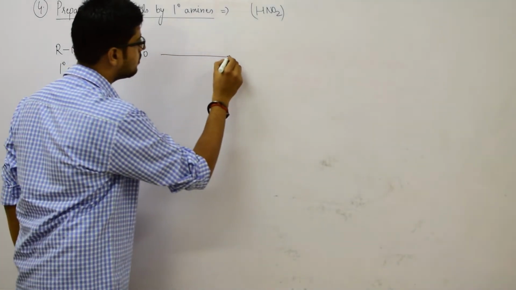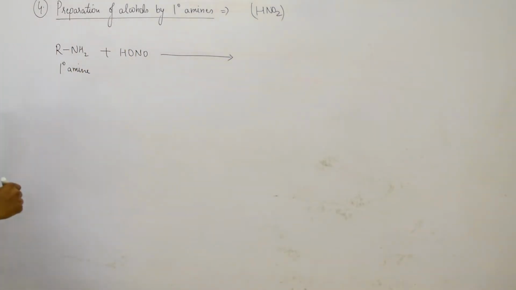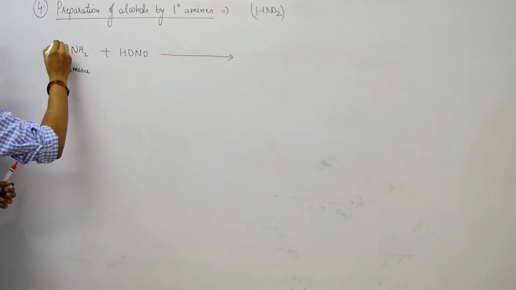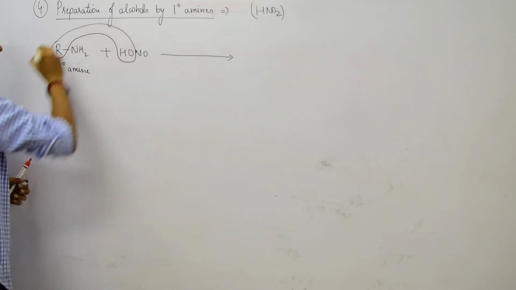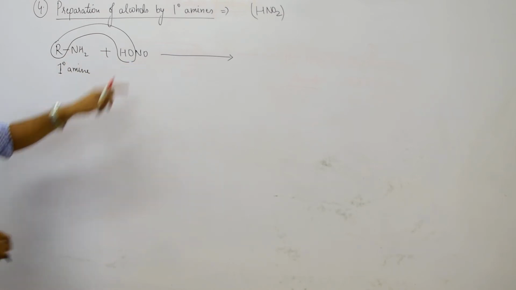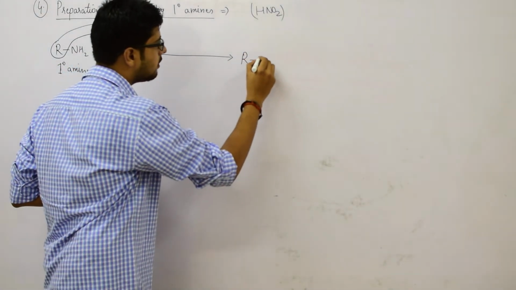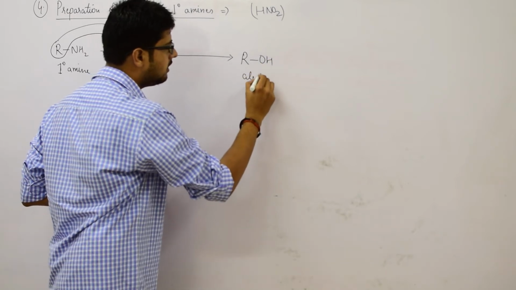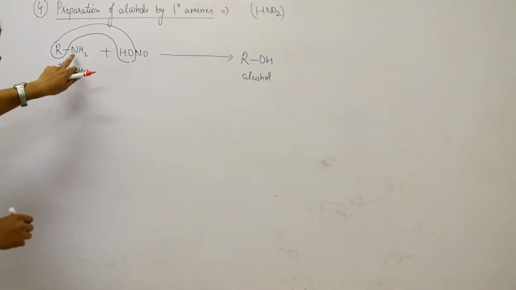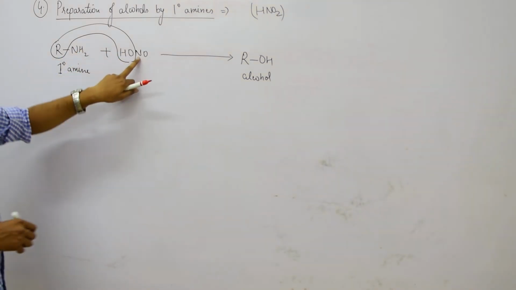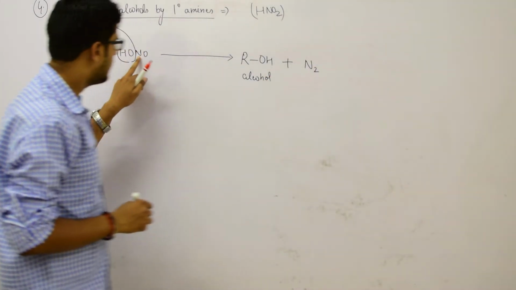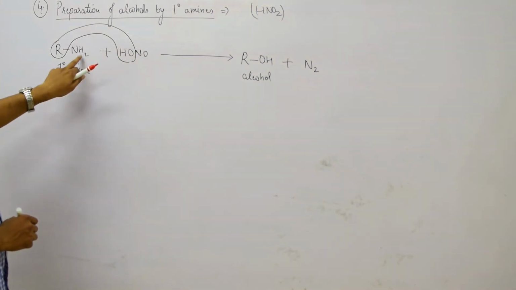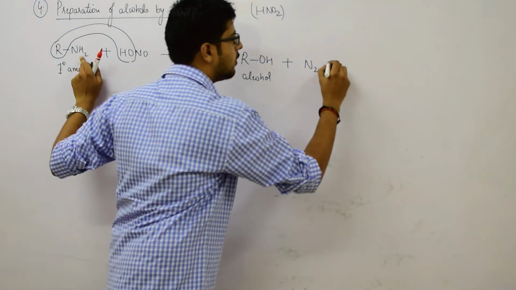Now what happens is this R group combines with this OH group to form ROH. This is our alcohol. Now this nitrogen atom and this nitrogen atom get eliminated in the form of nitrogen molecule, and this oxygen combines with two hydrogen atoms to form water molecule.